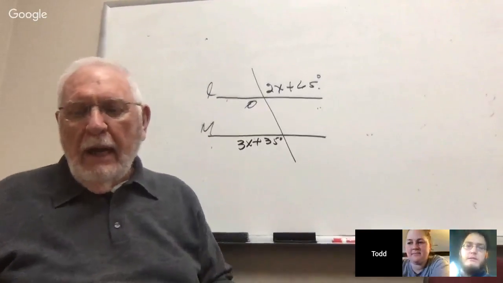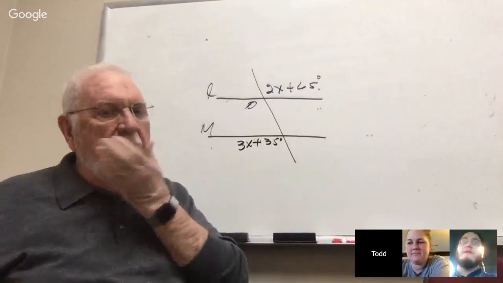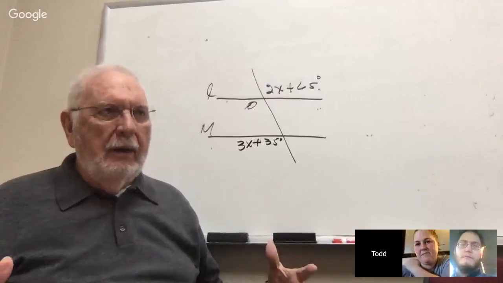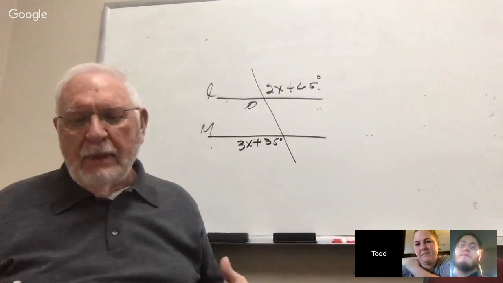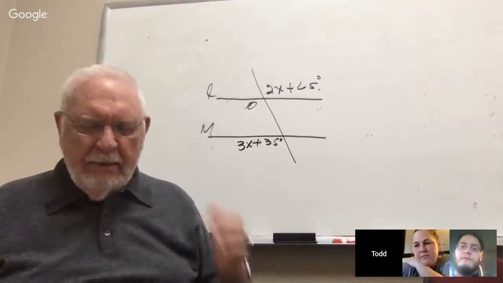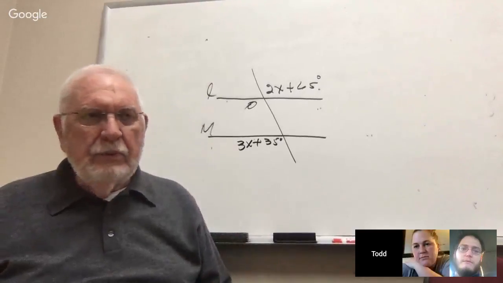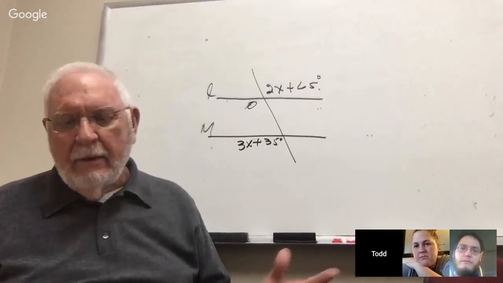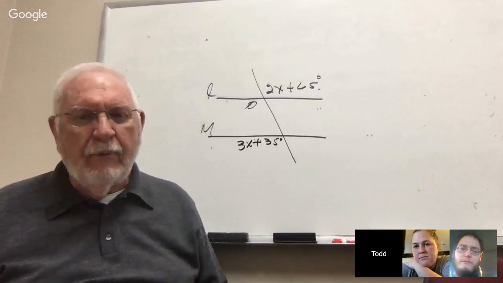Well, what I had proposed to do this afternoon is, geometry is so broad, and the problems on the geometry test are so random in the way they're put together and the ideas that they pull from.